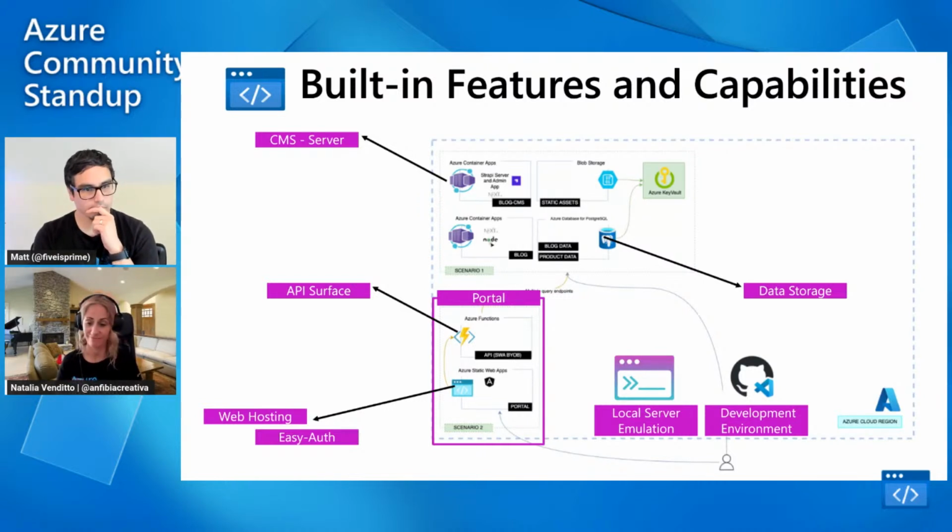I think you can describe this much better, but it's so easy to just go to the menu where you manage your static web apps deployment, go to API, click link, and then you connect it to any endpoint coming from that Azure Functions application. And this is exactly what we're doing.